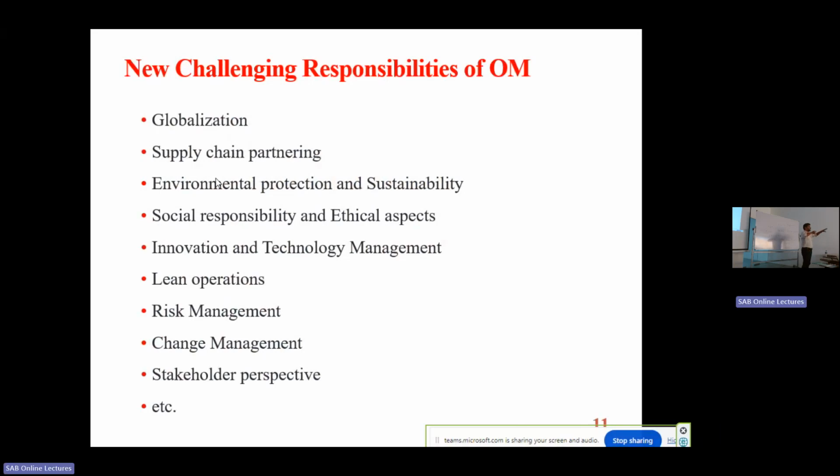So there are different stakeholder groups with whom we have to manage relationships, not only business and the shareholders. That approach is called the stakeholder perspective. So operations managers now should be aware of it and should be able to manage relationships with all the strategically important stakeholder groups, internal and external.